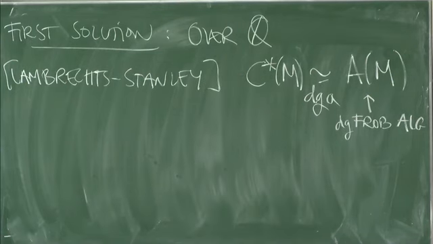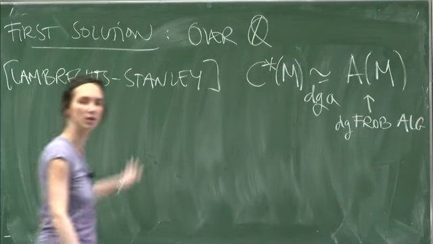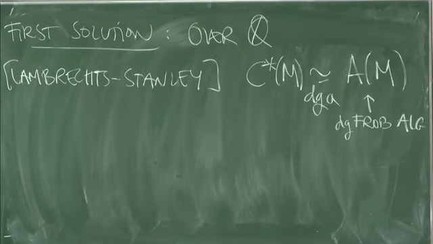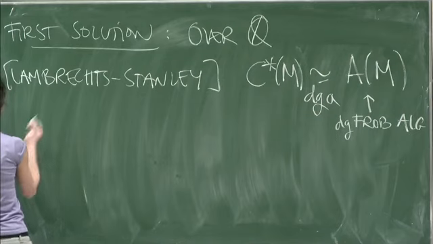So this homotopy structure, you can actually make it strict if you're willing to go over the rational numbers. So this is one possibility. Here's a second one.